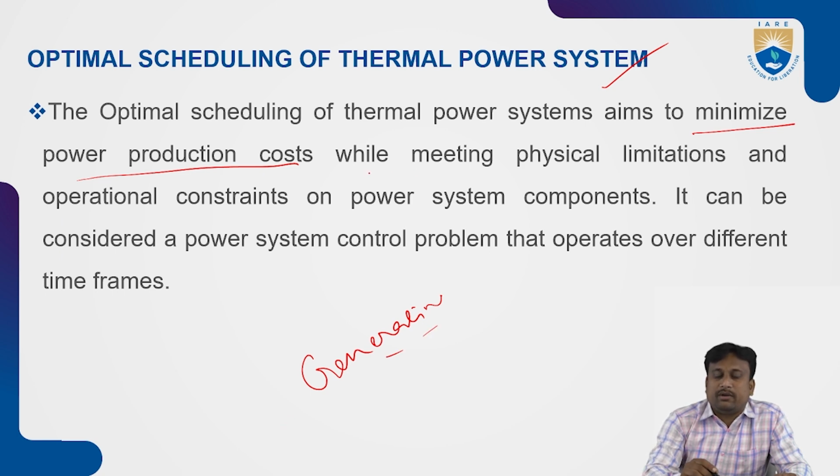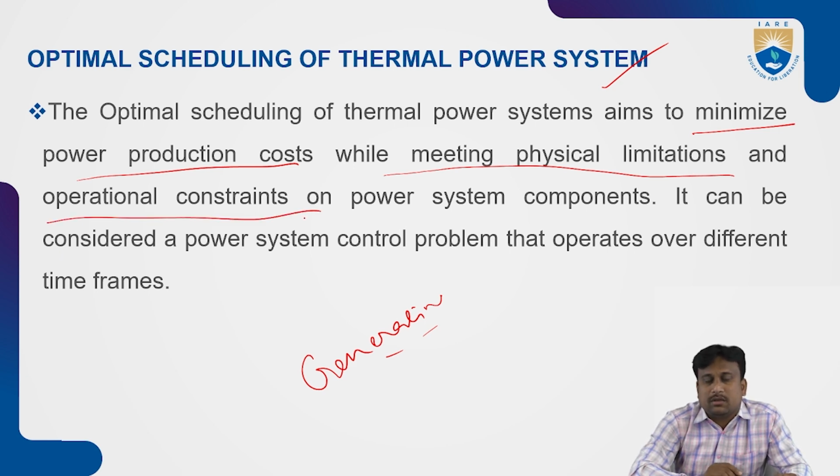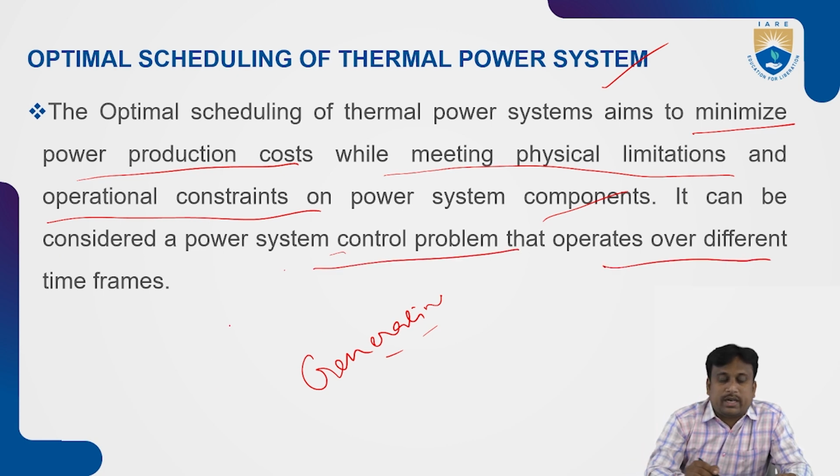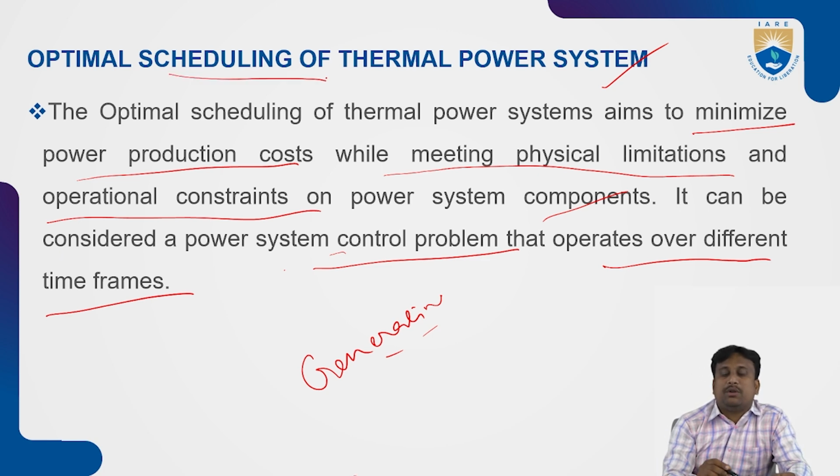It must meet the physical limitations and operational constraints on the power system components, and it is considered a power system control problem, which operates over different time frames. Likewise, we consider optimal scheduling of thermal power system.